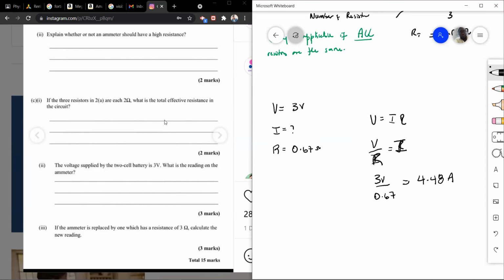You understand? Yes. So even though this might not seem to make sense, let me explain how this can be answered. I just add the 3 to the 0.67.